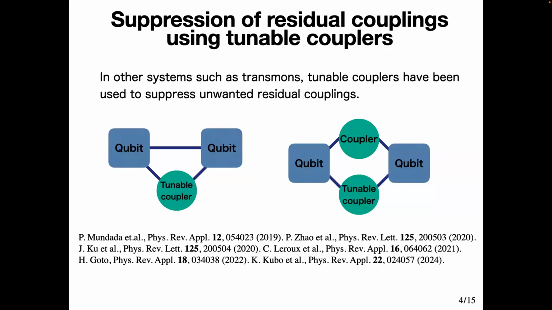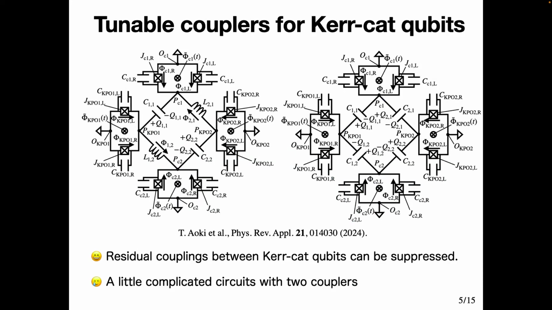In other systems, such as transmons, tunable couplers have been used to suppress unwanted residual couplings. For Kerr-cat qubits, in this paper, I and the other authors proposed tunable couplers for Kerr-cat qubits.